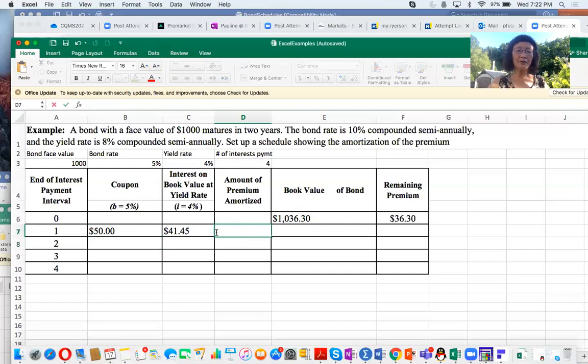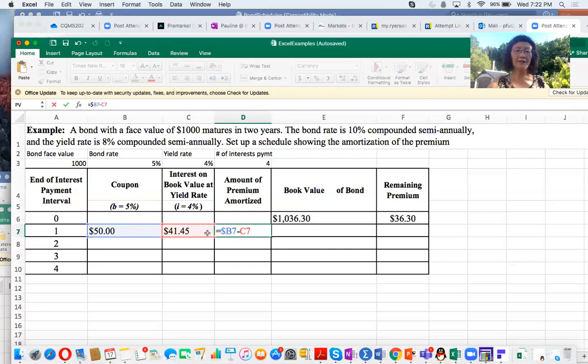So I'm going to put the alignment left. All right. So this amount of premium amortized is the difference of these two numbers. Again, because I want to copy down the formula later on, I need to fix column B.